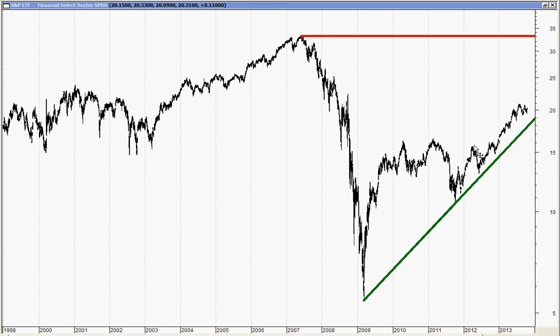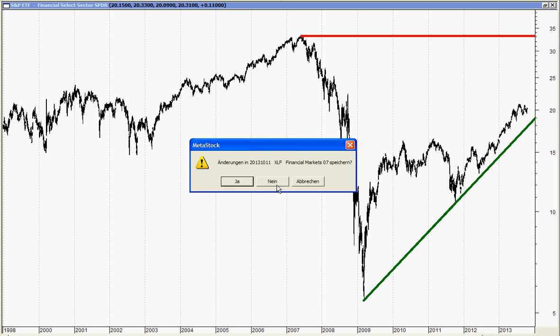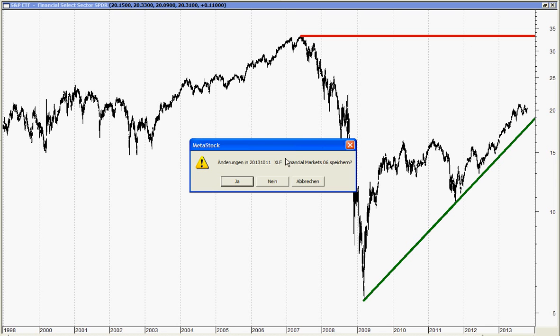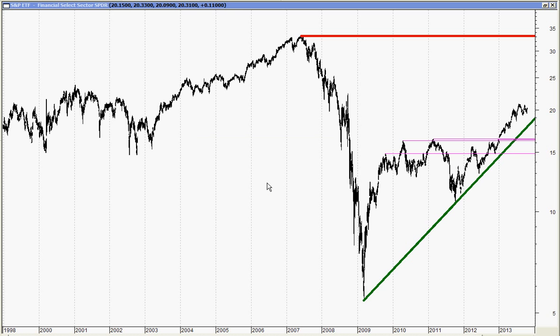All in all, the financial select sector is something like an option on the equity index, from the lows in 2009 of roundabout 5 to roundabout 20, a 400% value. And the big setup is, in my opinion, this year.